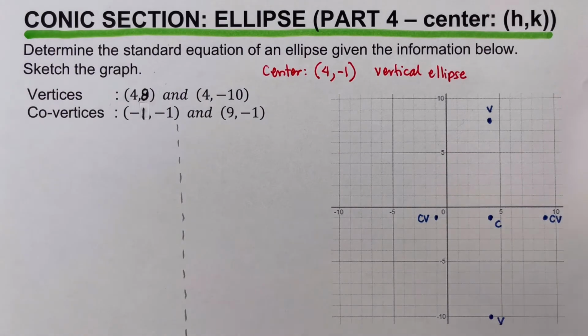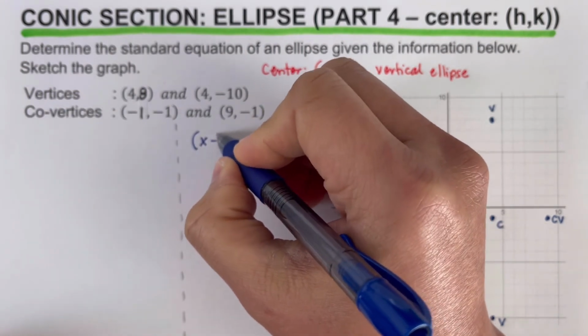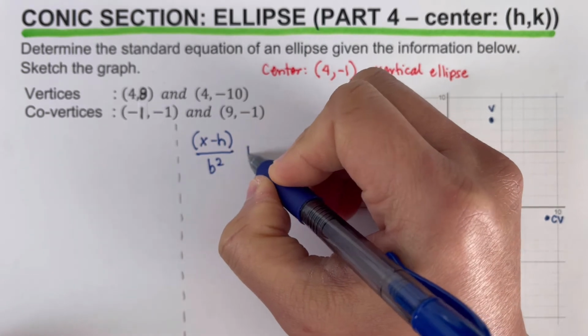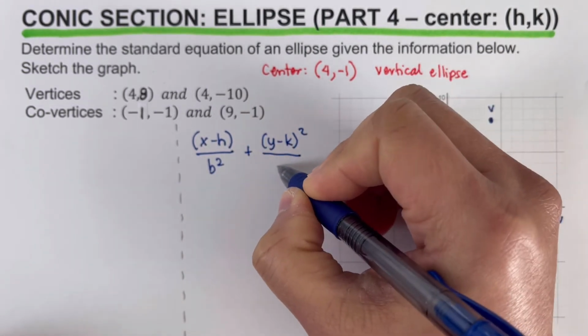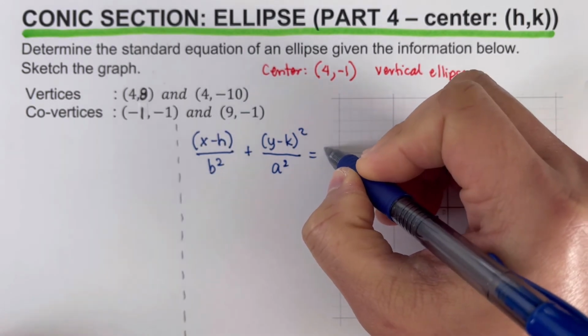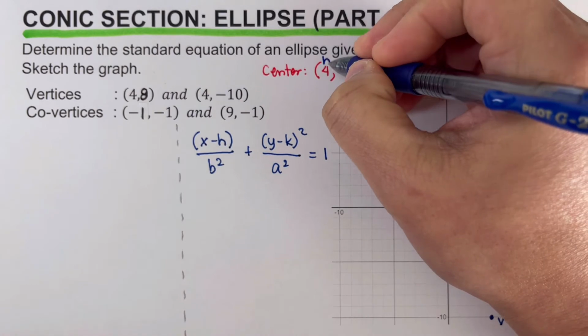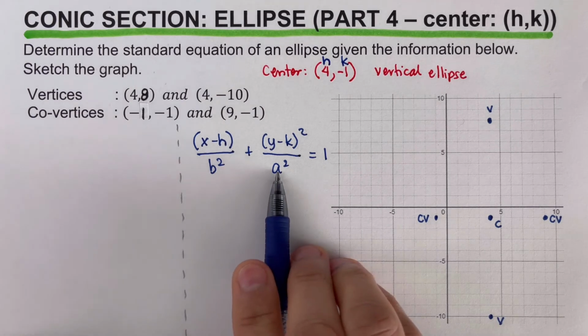Okay, since this is a vertical ellipse, the general formula for a vertical ellipse is (x minus h) squared over b squared plus (y minus k) squared over a squared equals 1. We remember that this center here is our h and k. So looking at this, we can determine the values for a and b.